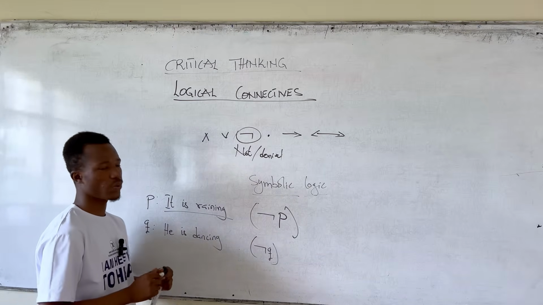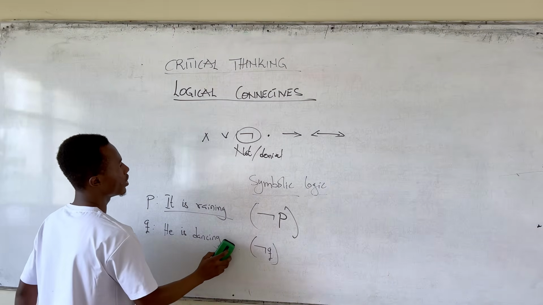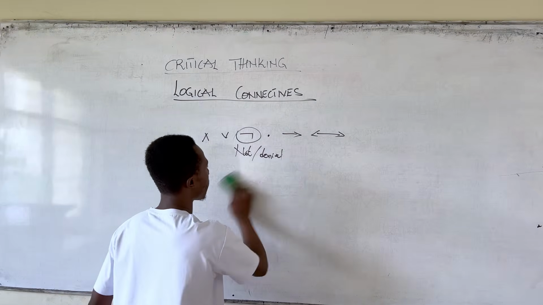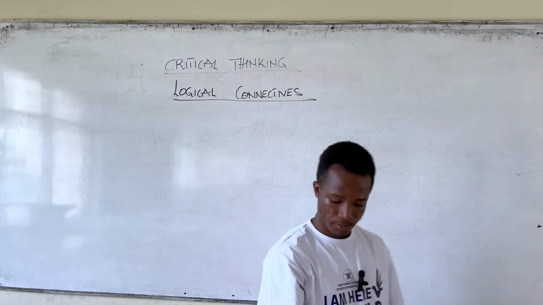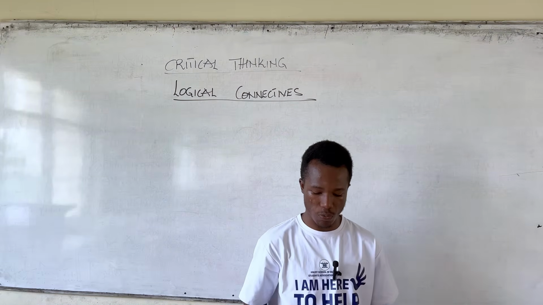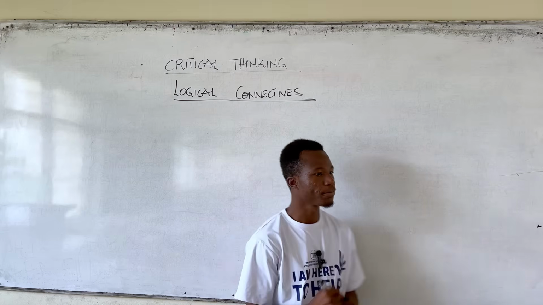We are going to start with compound statements or propositions. Let me clean this one. This was just by the way. Now let's get started. A compound statement is a statement that contains one or more simpler statements.